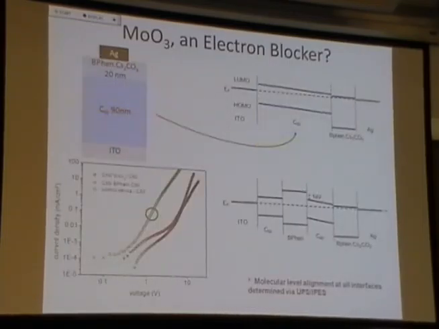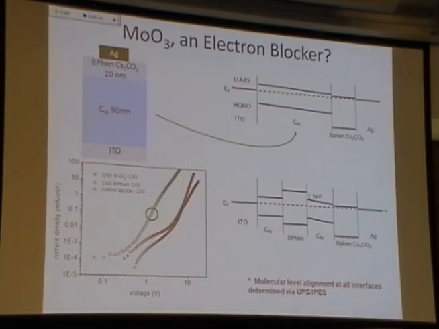So what's going on? If you do the spectroscopy, let's start with the ITO with the pure C60 and a top contact. You get this general energy level alignment, and you can see the electrons can just go right through, which is exactly what we saw in our devices. We see really low turn-on voltages and high currents at the same voltage relative to these other contacts.